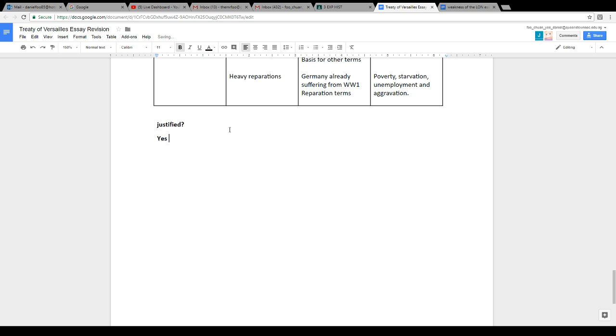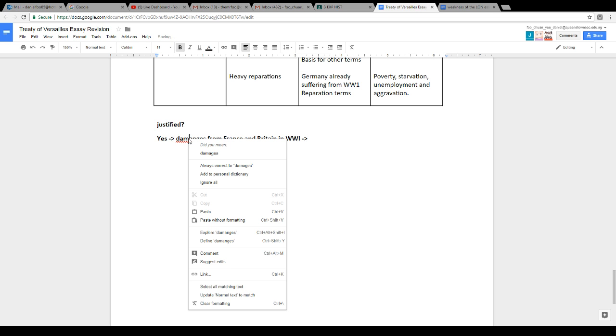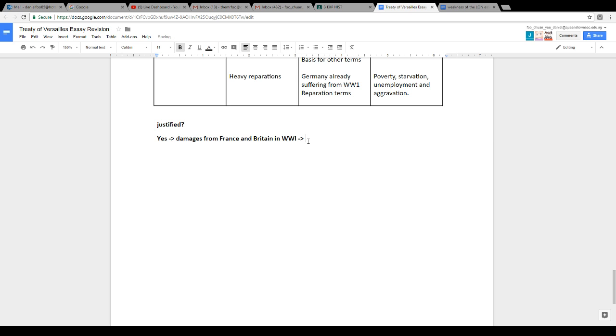So yes, because of damages from France and Britain in World War I. So you must write down what are the losses of France and Britain in World War I if you say it's justified. Hence the terms. Hence you must give Germany the terms to make them weak. So this one most likely focuses on the military terms, the reparations, and the territorial reductions. Okay?